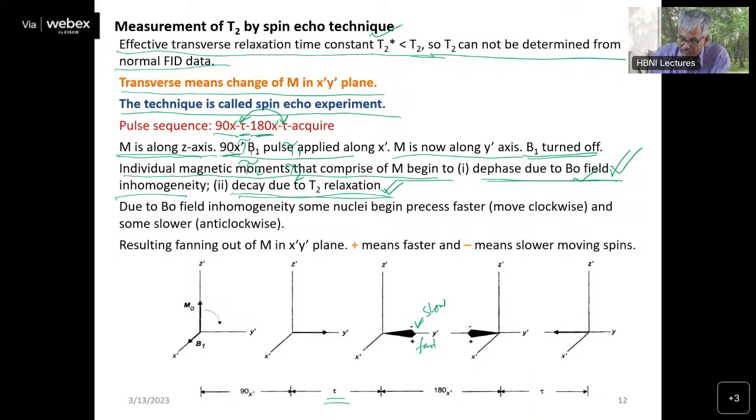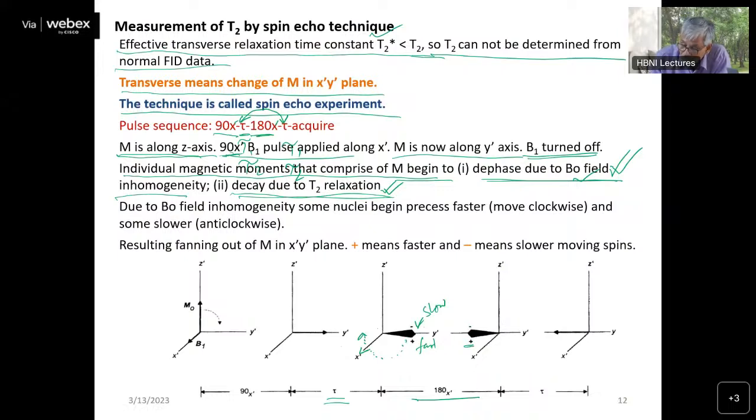Then you give a 180-degree X pulse, which brings the vectors to the other side. Now the fast moving vectors are on this side, and slow moving vectors are on that side.